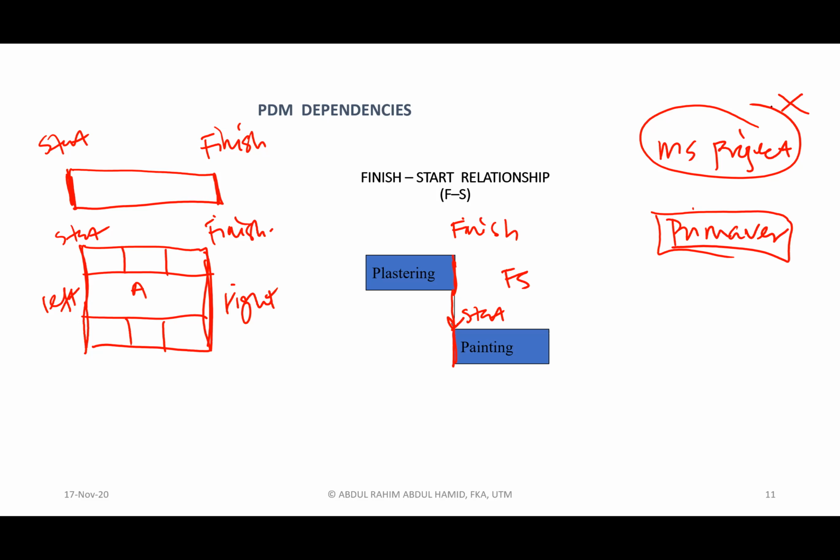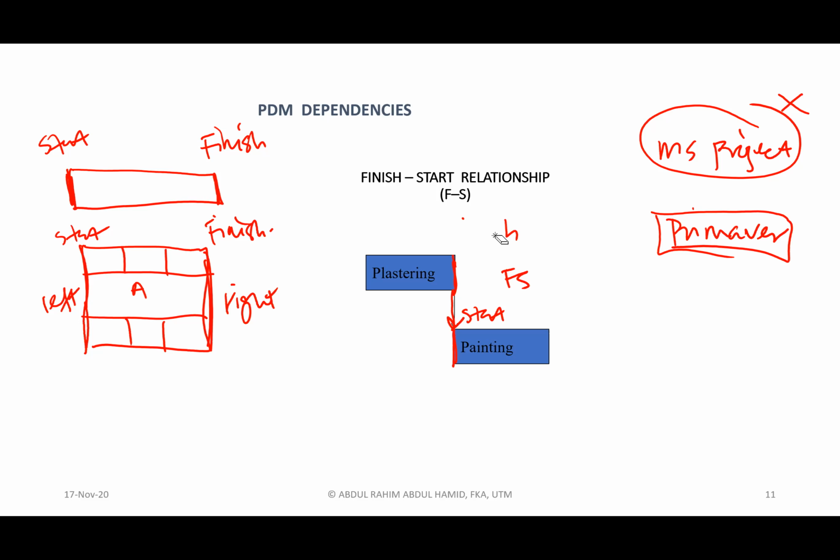But inside those, the type of relationship does indicate the right relationship. In terms of the drawing, maybe the graphic is not that advanced for the time being. They might not be able to draw according to what we want. But if we draw manually, you should be able to draw according to the type of relationship.